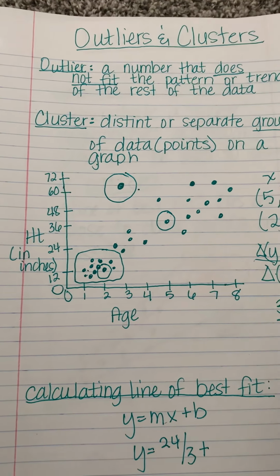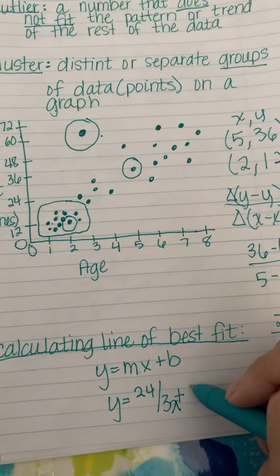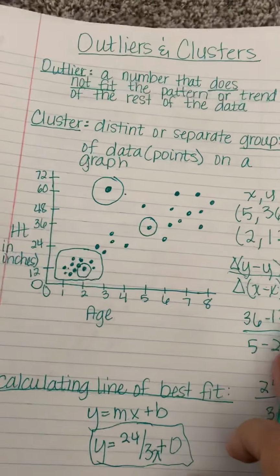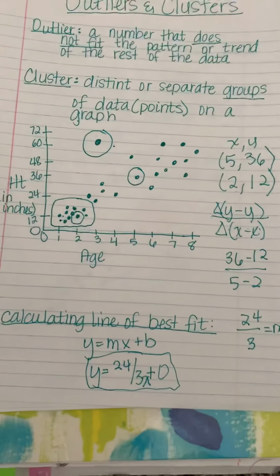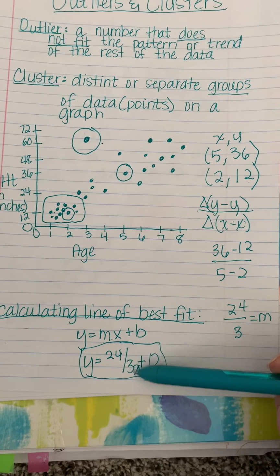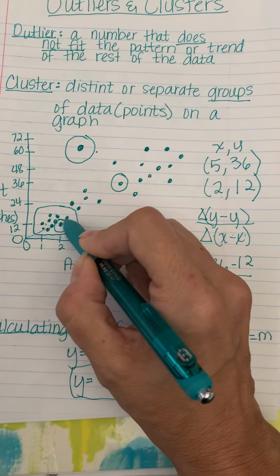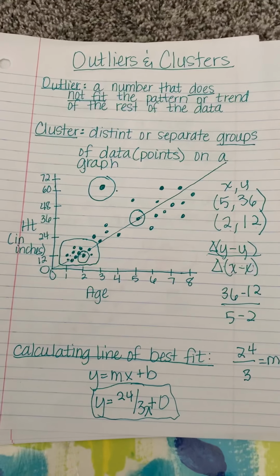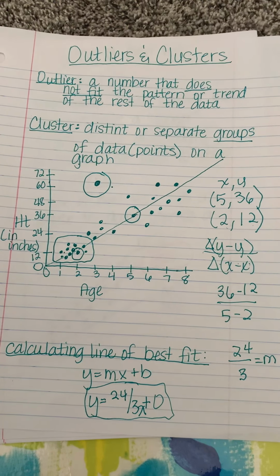So we're just going to have, I forgot my x, 24 over 3x plus 0. So this is our graph for this line. And I should probably change this. This probably isn't very accurate, but I'm going to leave it for you guys to get my drift. So this would be our equation for this line, 24 over 3x plus 0. So we're going to start here, and we're just going to draw our line, and that would be 24 over 3x plus 0, giving us our line of best fit.